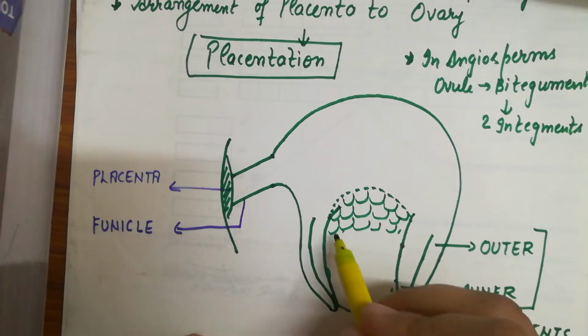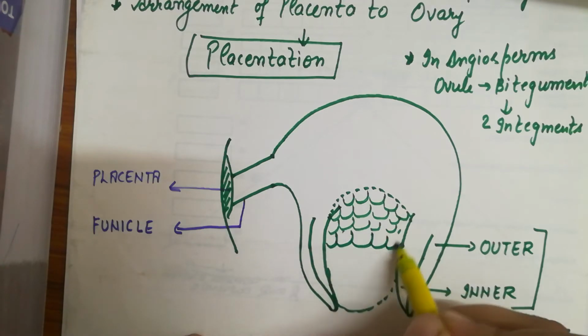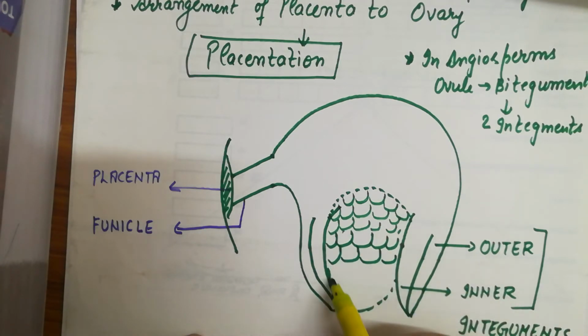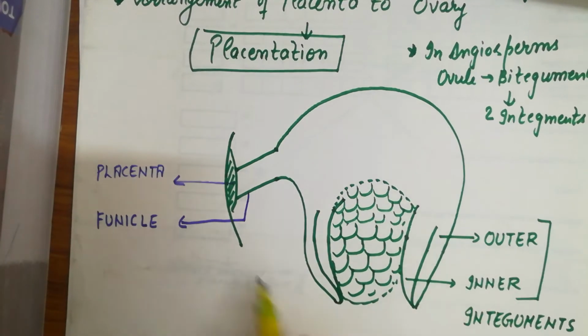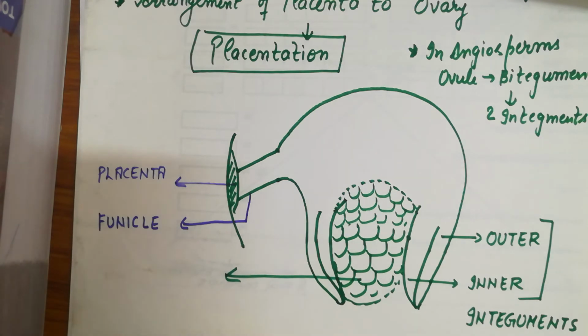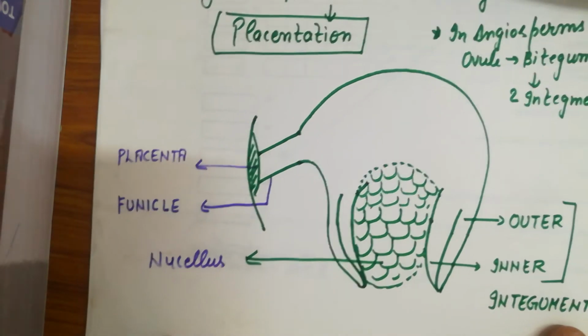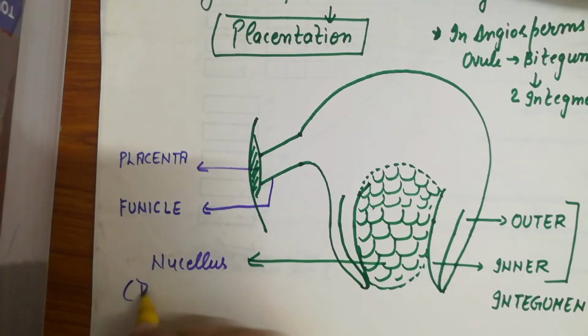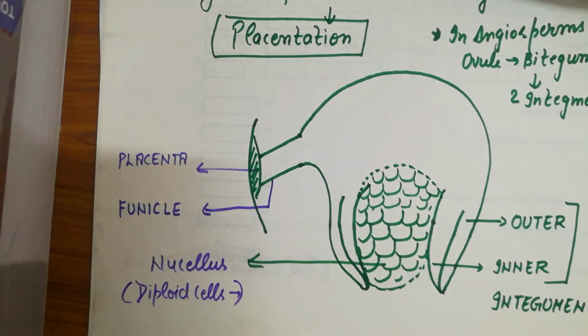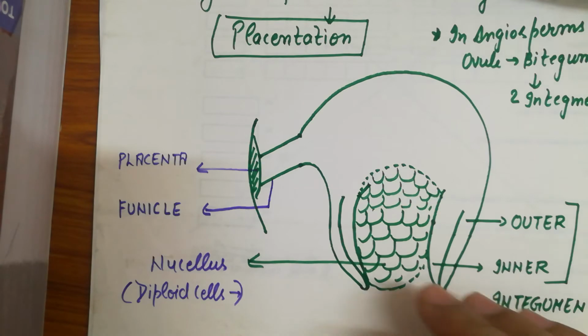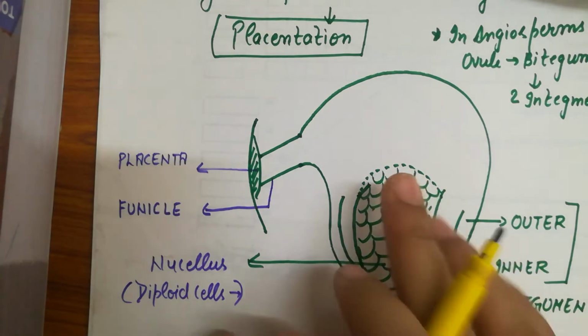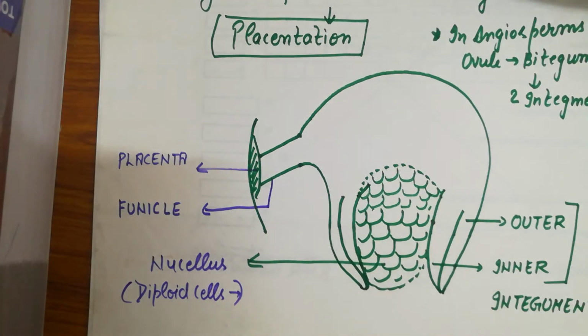This mass of cells is known as nucellus. So inside the body, in the center, it is filled with diploid cells called nucellus, right?